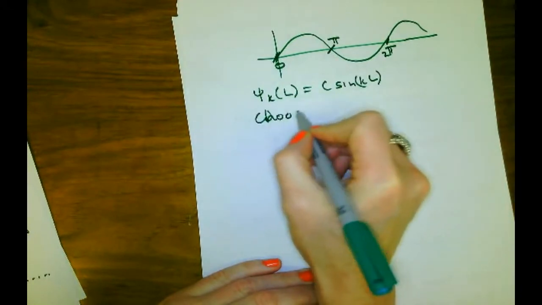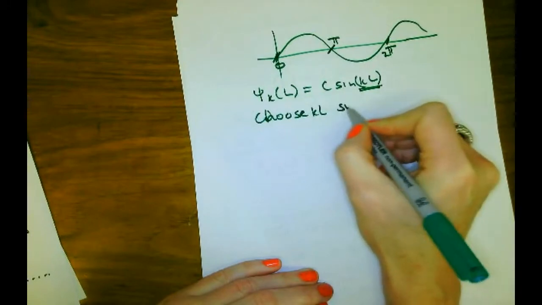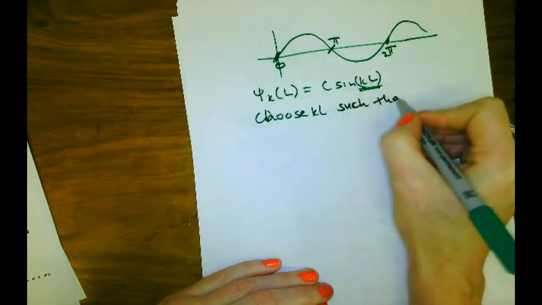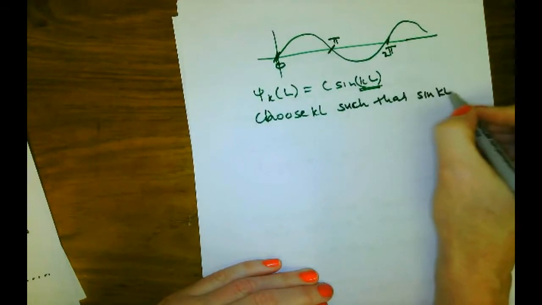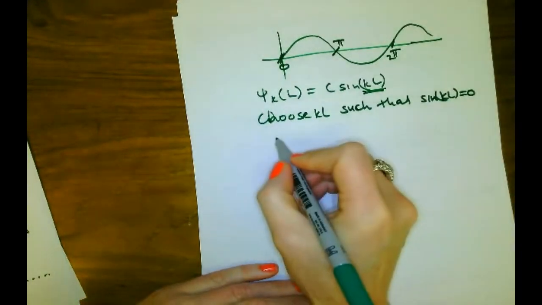If we choose this kL such that sine kL is equal to 0, then we are fine.